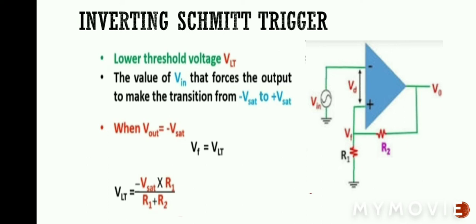Now if we put the value of Vf here, we get VLT equals Vout into R1 by R1 plus R2. Since Vout is equal to minus Vsat, VLT will be equal to minus Vsat into R1 by R1 plus R2. So from this equation we can say that VLT is a negative value.